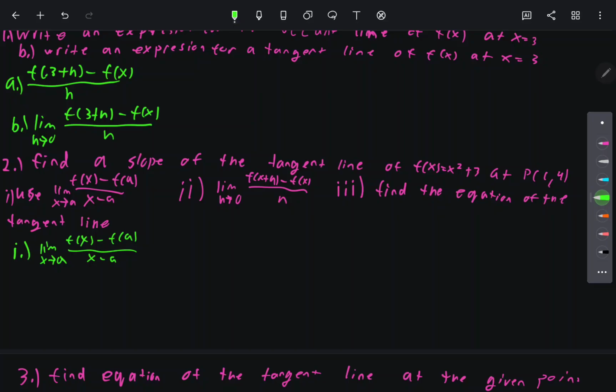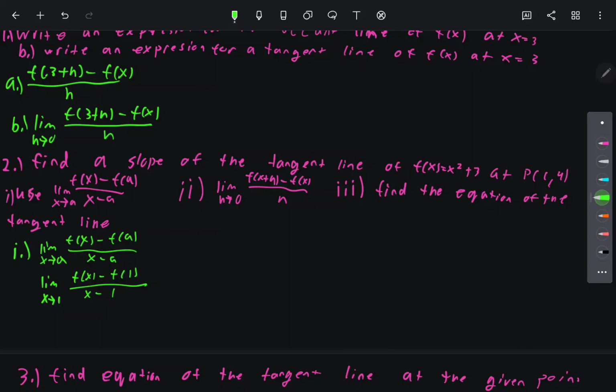This is our background, but that's not what we're actually doing. We want 1, so we're going to take the limit as x approaches 1 of f of x minus f of 1, all over x minus 1.